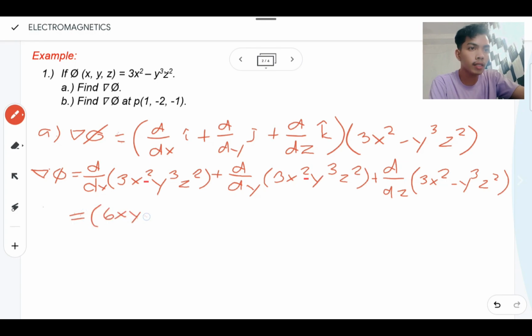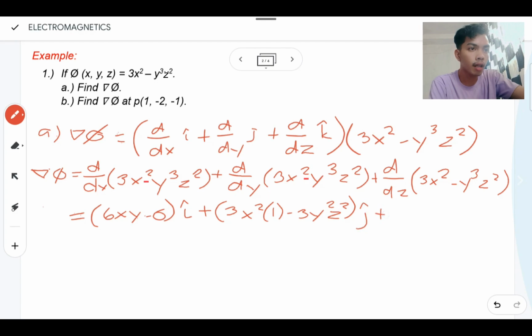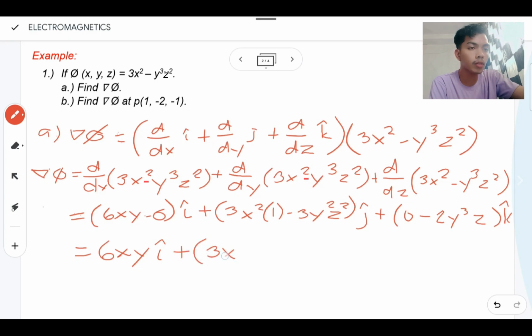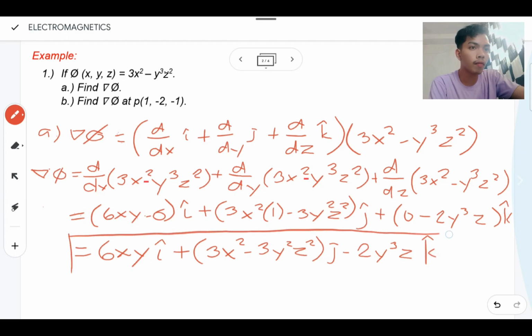So we get 6x minus 0 i hat plus 0 minus 3y squared z squared j hat plus 0 minus 2y cubed z k hat. So the result will be 6x i hat minus 3y squared z squared j hat minus 2y cubed z k hat. So this is the result of the gradient of phi.